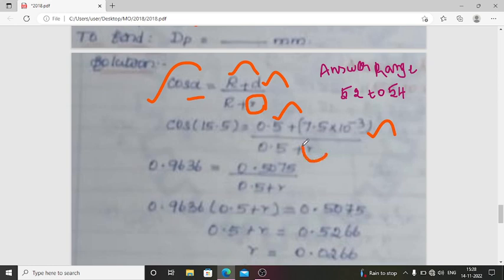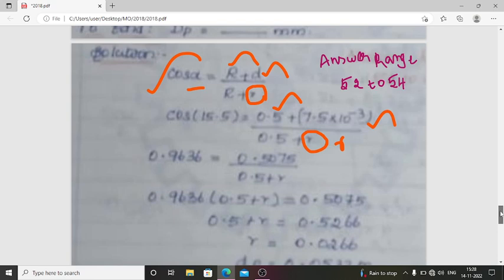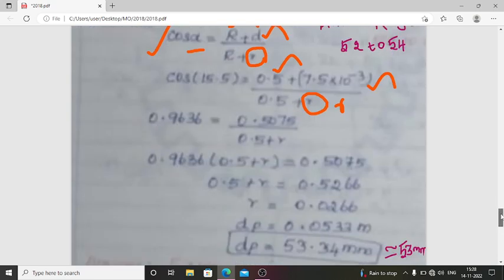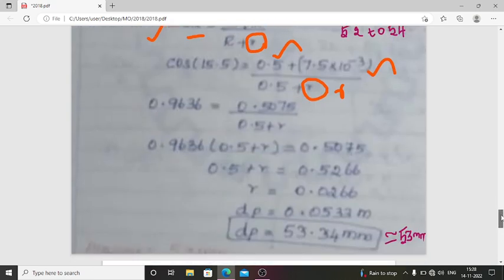Here the unknown is small r, the radius of the particle. After substituting these values, we calculate the radius of the particle: small r is equal to 0.0266.